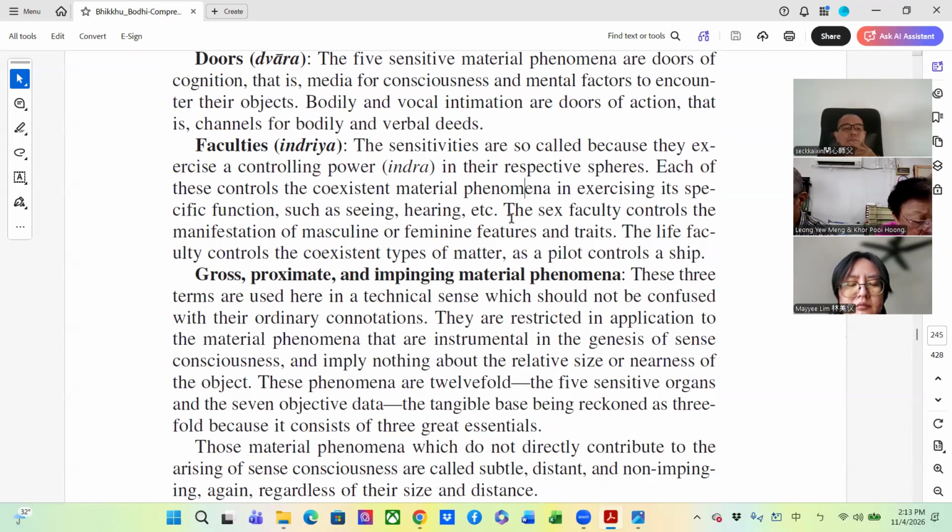Each of these controls the coexistent material phenomena in exercising its specific function, such as seeing, hearing, etc. The sex faculty controls the manifestation of masculine or feminine features and traits. The life faculty controls the coexistent types of matter as a pilot controls a ship.